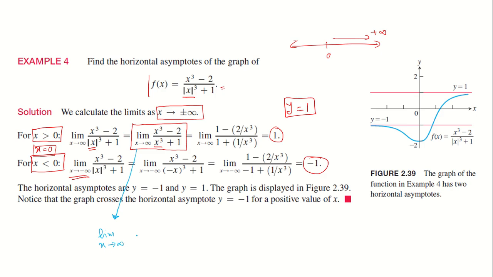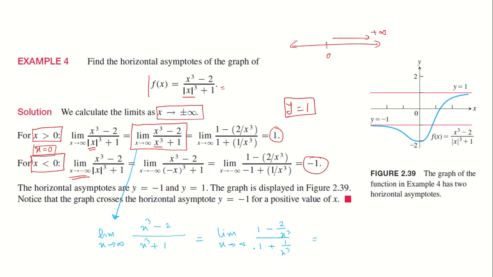We have x cube minus 2 and x cube plus 1. If we divide both numerator and denominator by x cube, then we have 1 minus 2 over x cube, and 1 plus 1 over x cube.